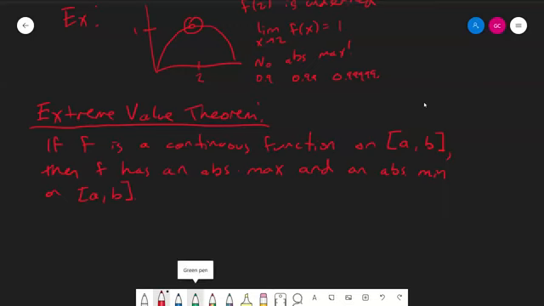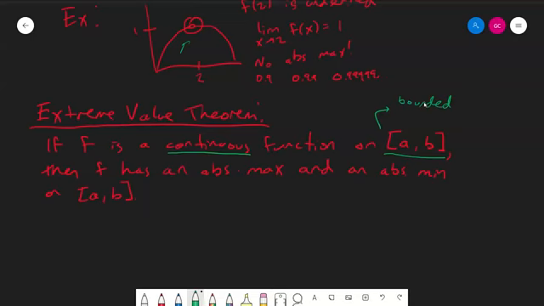I should point out there are two very important things here. It has to be a continuous function, as the example up here showed. And the other important thing is that it has to be on a closed interval from a to b. So, it is bounded, for one thing.